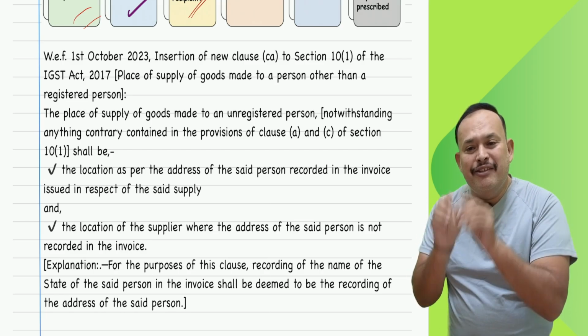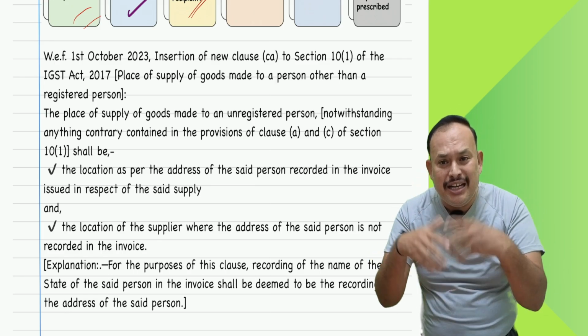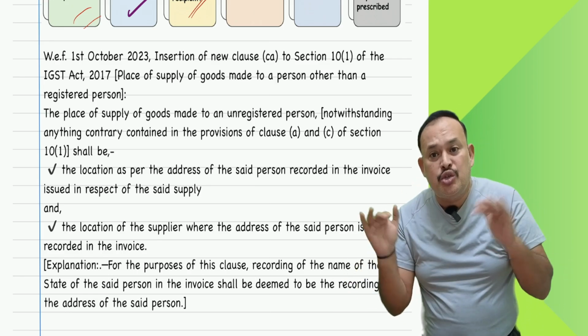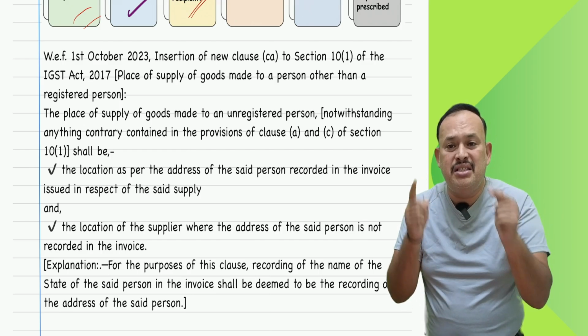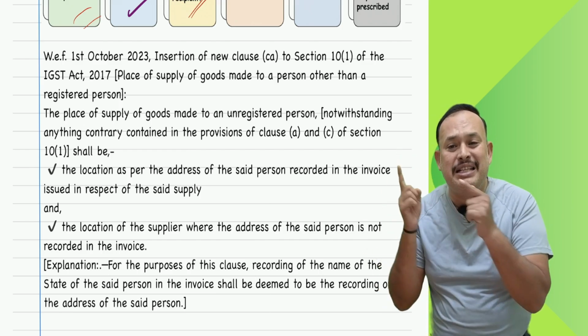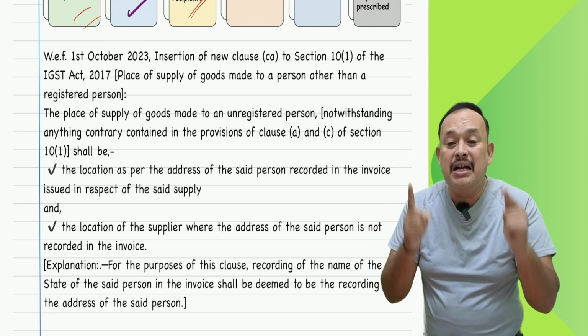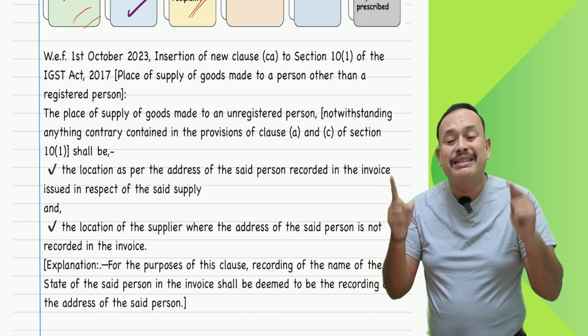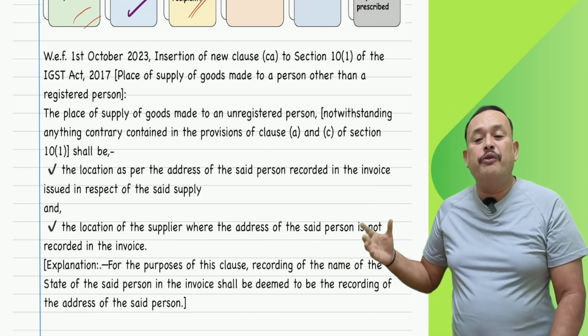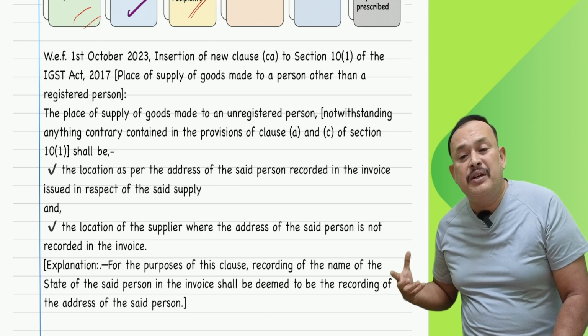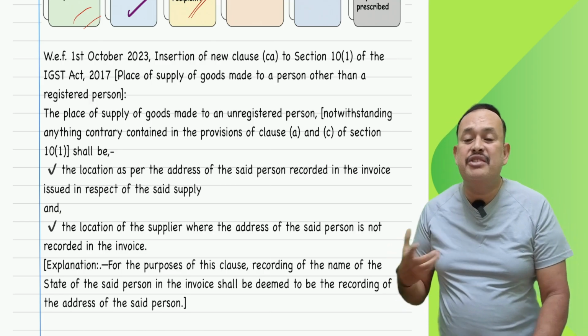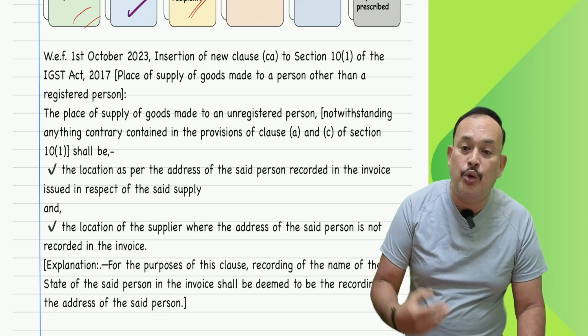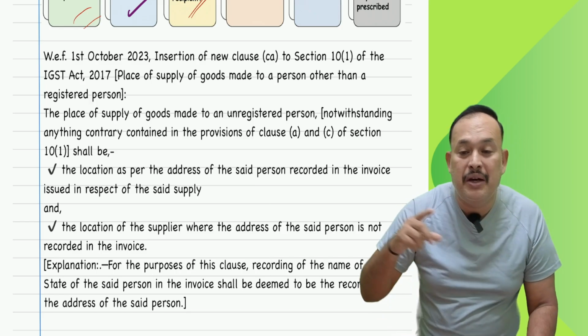Even though the goods do not involve movement, they are sold to an unregistered person. Section 10(1)(ca) says the place of supply is the address of the recipient on record. If the address is not available, the location of the recipient's state is the place of supply. So for the seller, the state of the buyer is West Bengal. Place of supply goes to West Bengal.